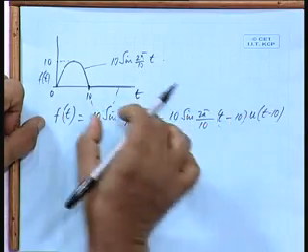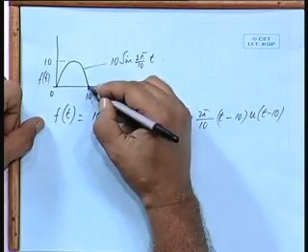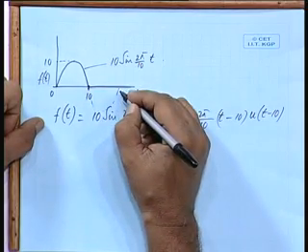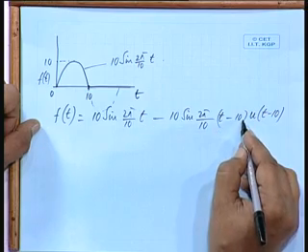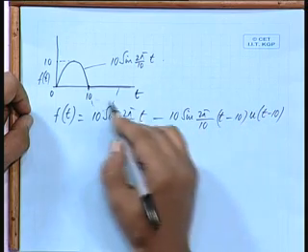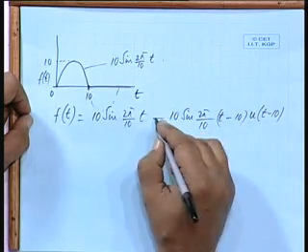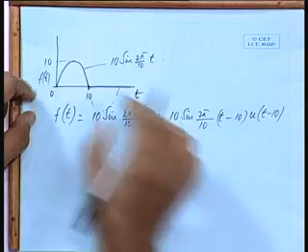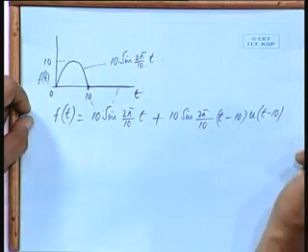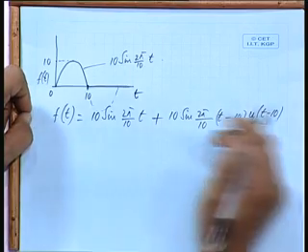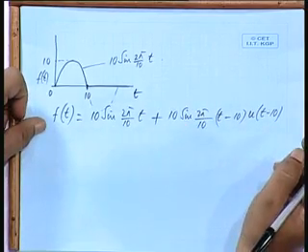So, if I just add this function at this point, then that will be countering it. Basically, the delay is 10 seconds. So, if I add this function itself, which is delayed by 10 seconds, the positive part will be countered by the negative part. Here the negative sign will not come. Is that clear?